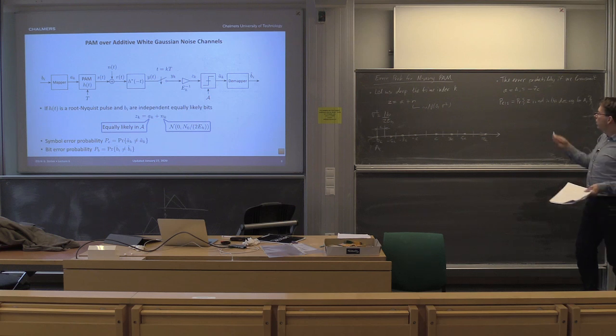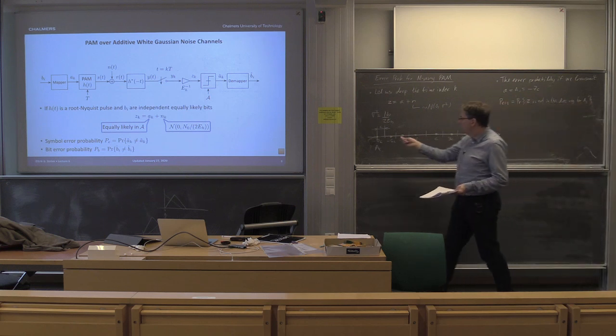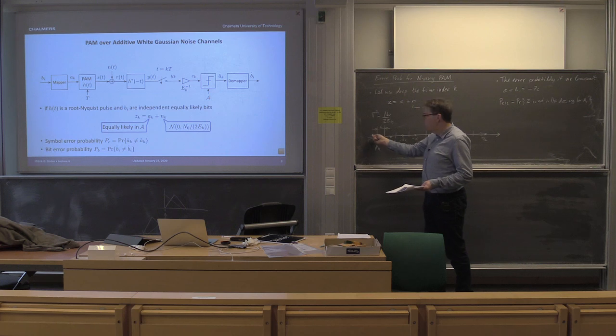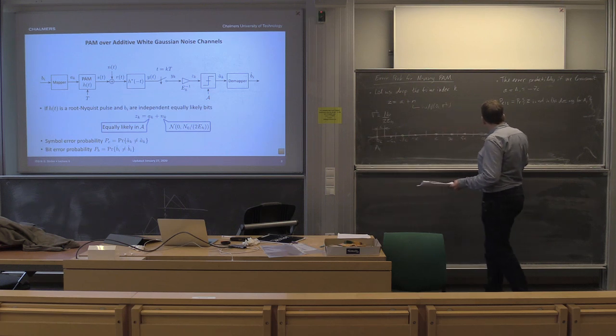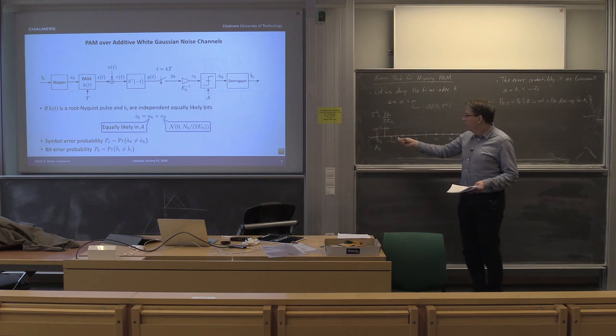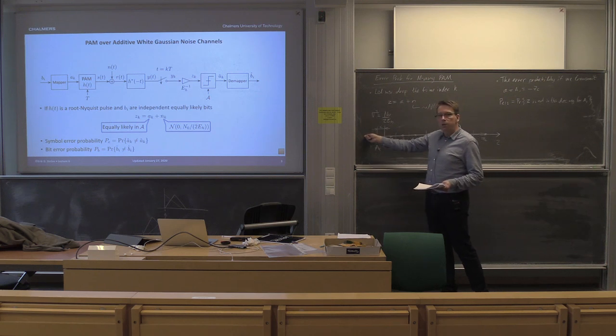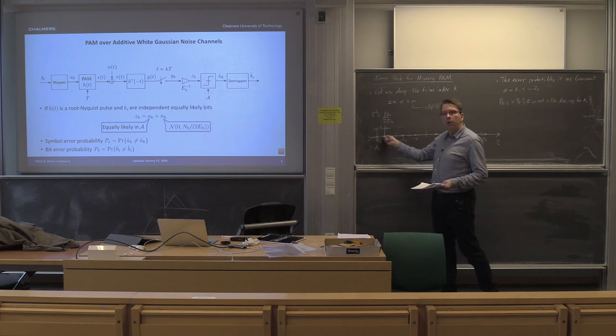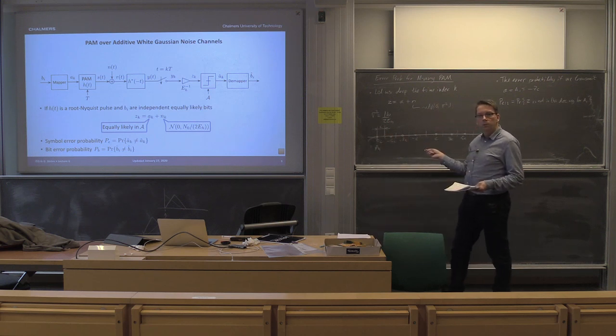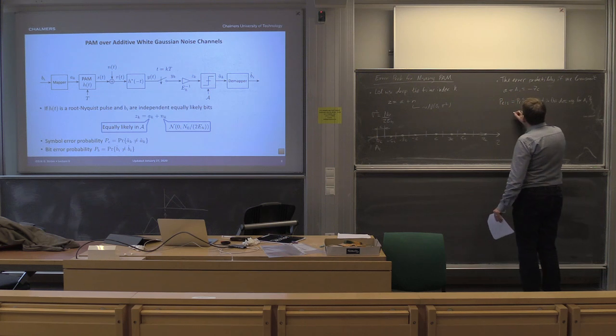That is, we make an error if this is our transmitted point. Our receive point will be somewhere along this line. If it's to the left of this decision boundary, we will decode A1 and there will be no error. If it's to the right of the decision boundary, we'll make an error. And then we would like to compute the probability of this. Okay.